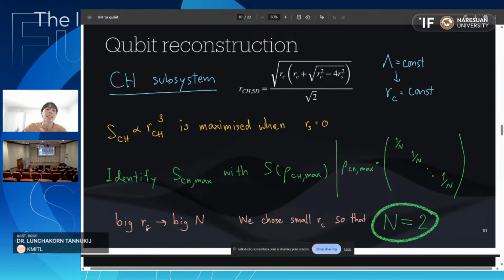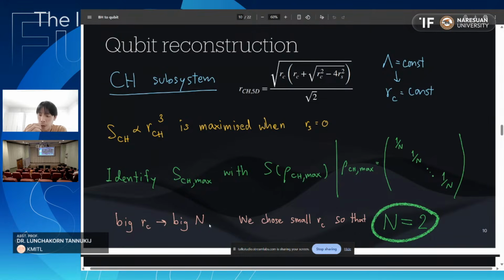So basically, this RC is the length scale for the cosmological constant in our universe. It is big, which is why the value of the cosmological constant itself is small. So big RC gives rise to big n.